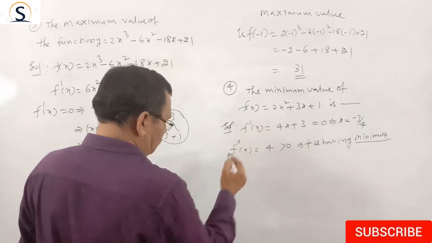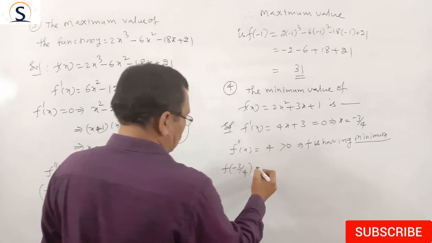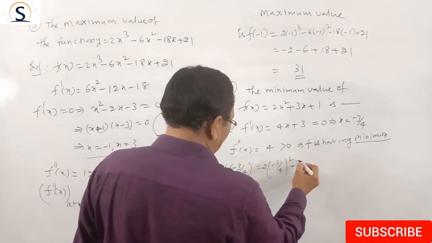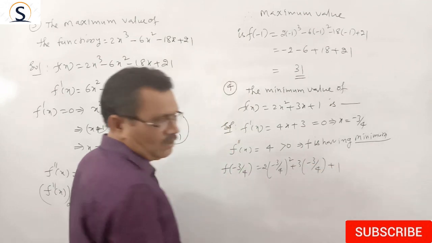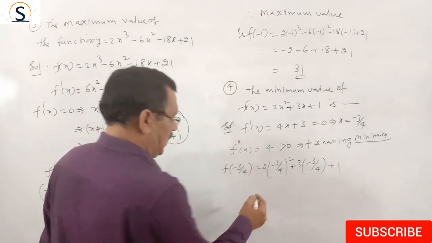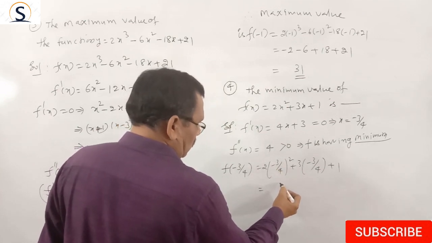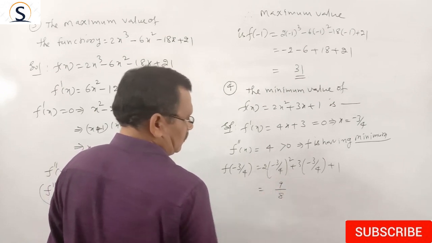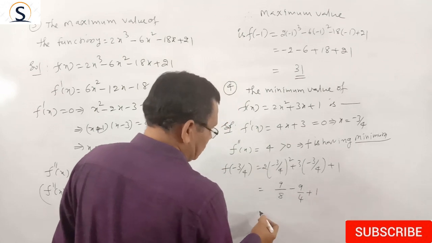For the minimum value, substitute in the function: f of minus 3 by 4 is equal to 2 into minus 3 by 4 whole square plus 3 into minus 3 by 4 plus 1. I got only the x value minus 3 by 4. Now this is 9 by 16, so 9 by 16, 2 8s are 16, minus 9 by 4 plus 1.